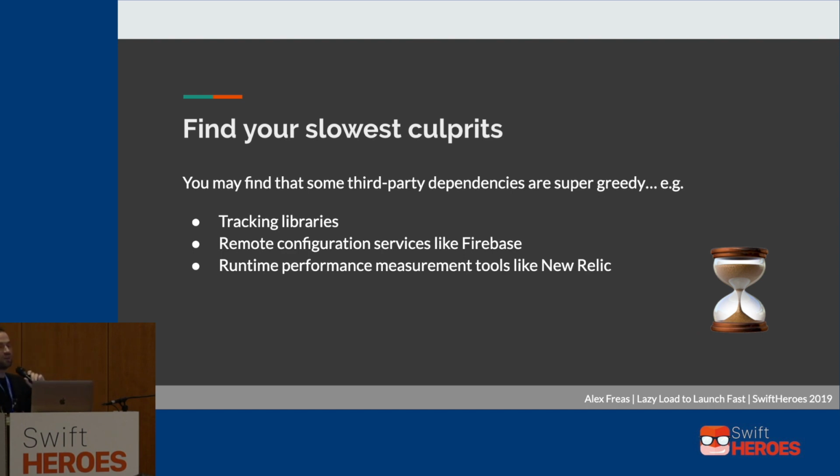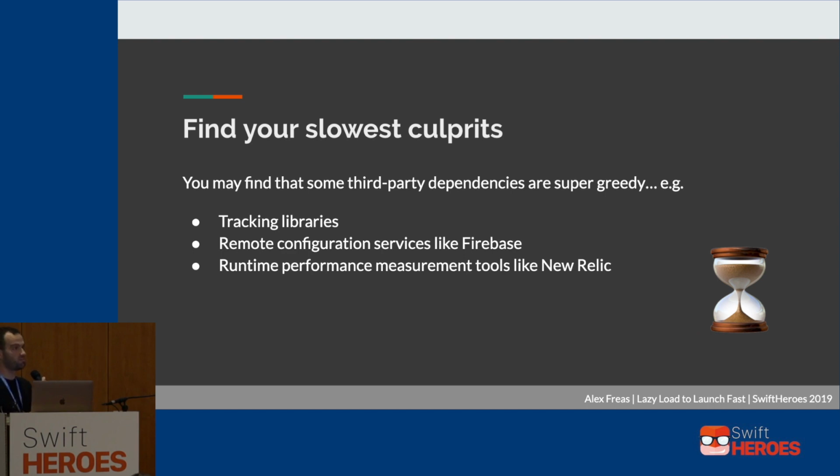But they can be super expensive on launch time, because what a lot of these tools do is swizzle the dispatch methods of GCD, and use those swizzled methods to measure how fast blocks execute, et cetera.